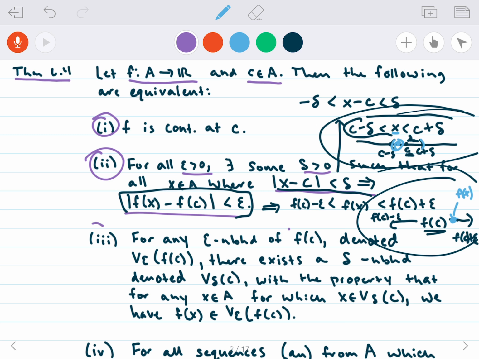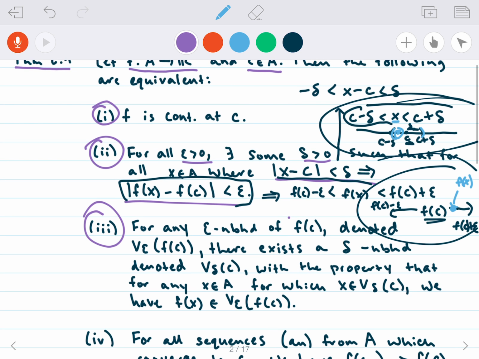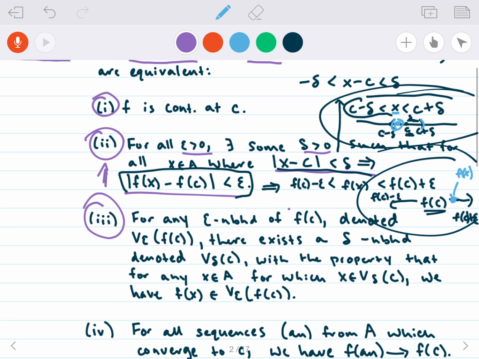And part 3 is saying exactly this, okay? So it's saying that 2 and 3 are exactly equivalent. It says, you give me an epsilon neighborhood of f of C, no matter how small, and we denote it V sub epsilon of f of C. Well, then there exists a delta neighborhood denoted V sub delta of c, so that whenever x is in this delta neighborhood centered at c, f of x is going to be in the epsilon neighborhood centered at f of c.